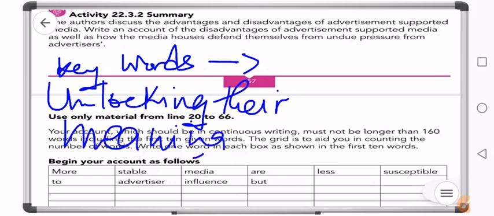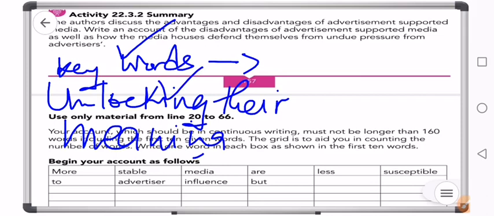By unlocking their meanings, you get the understanding of the keywords that will guide you when you write the summary. So first of all, you identify keywords. After identifying keywords, it is key for you to know the meaning of those keywords.